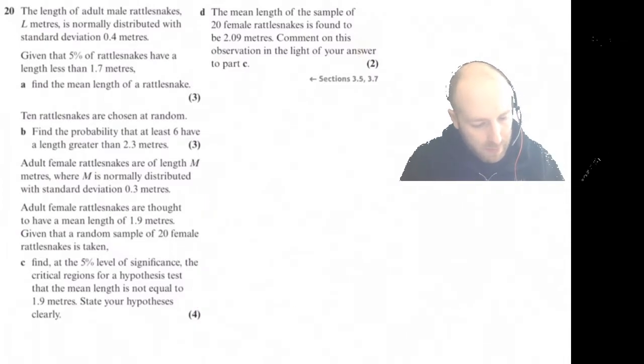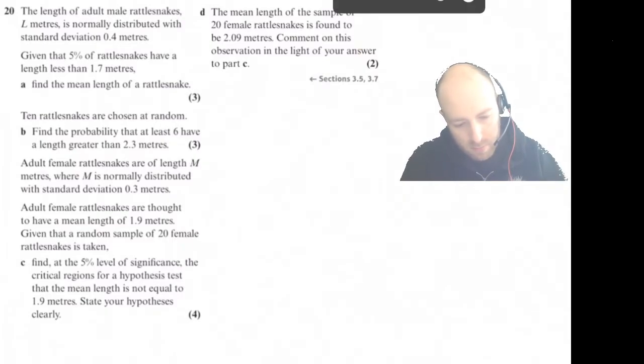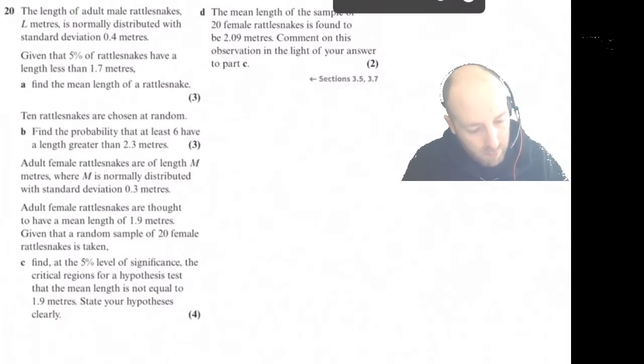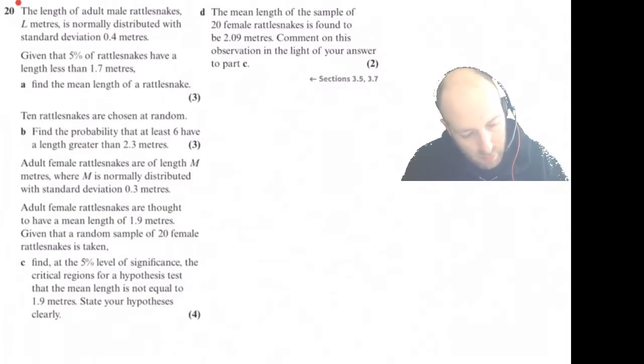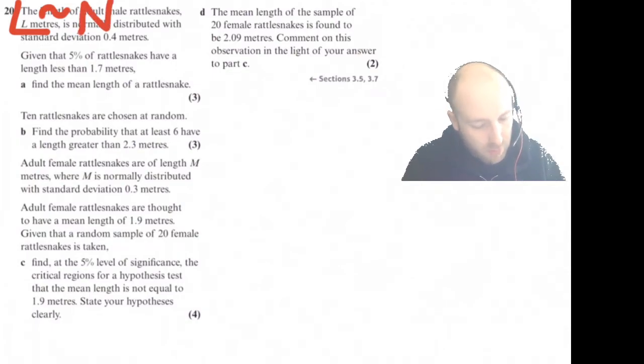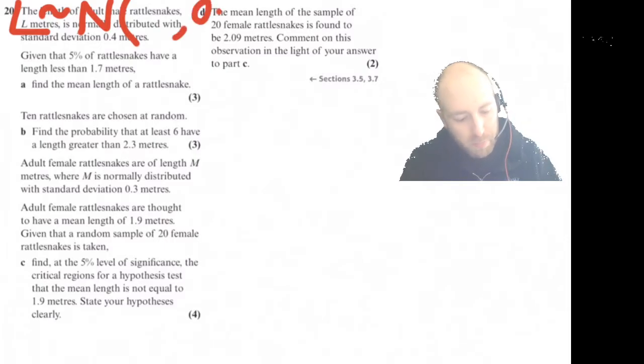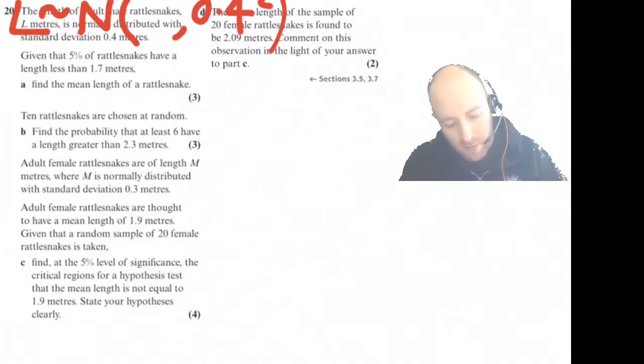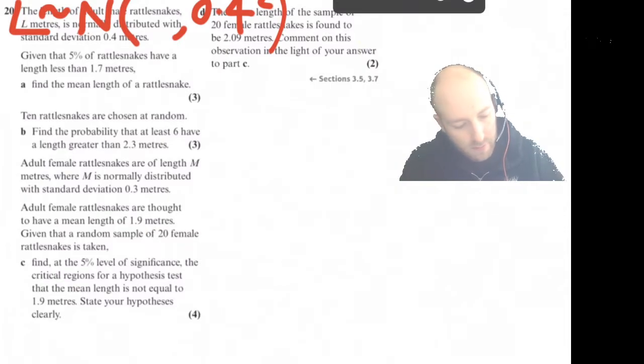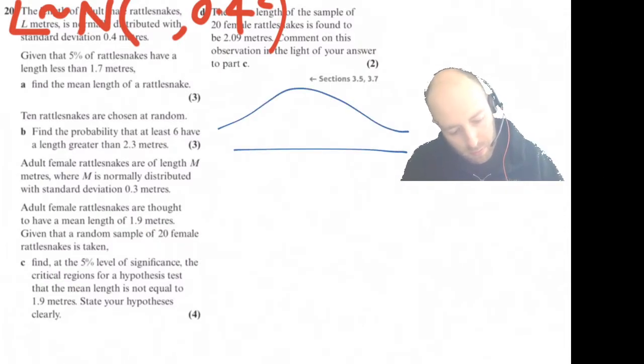So, given that 5% of rattlesnakes, so let's do the distribution. So we got L is normal with a mean of, I'm trying to find mu, sigma 0.4 squared. 5% of rattlesnakes have a length of less than 1.7, so this is 0.05.